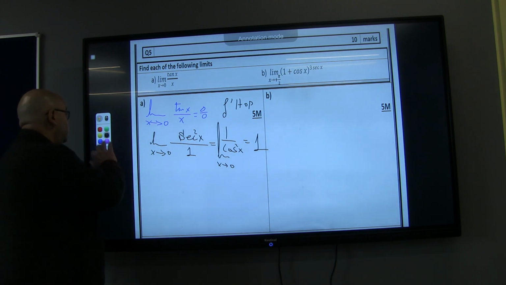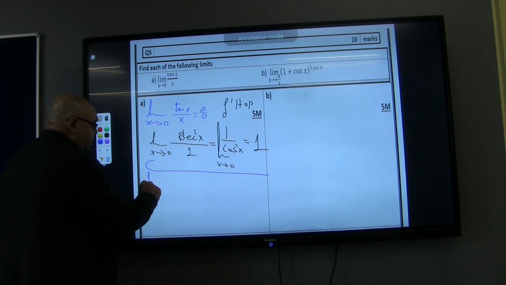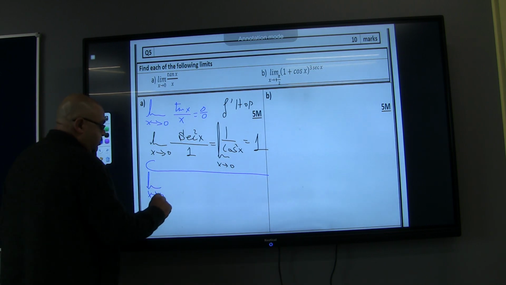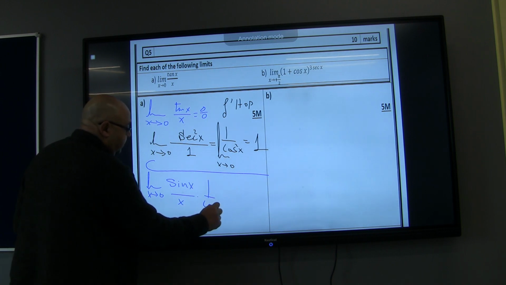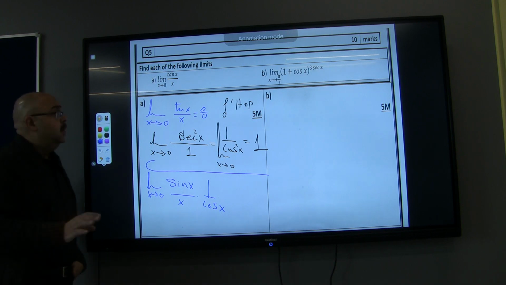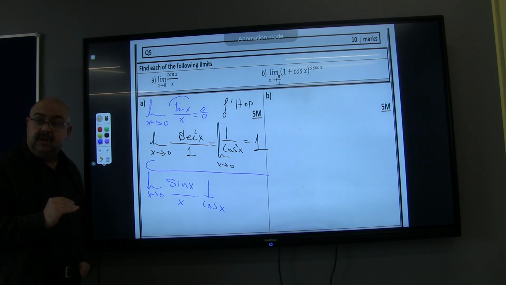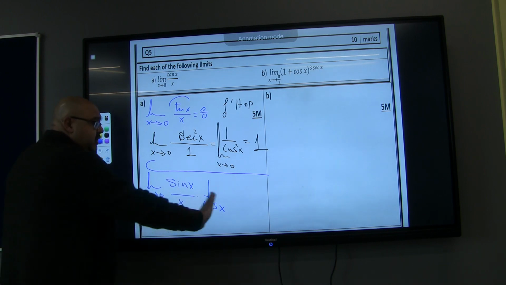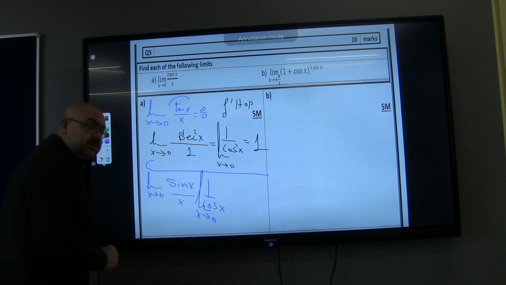But also, you can solve it in another way. I can simply state that the limit as x tends to 0 is going to equal sine of x divided by x times 1 over cosine x, which is very, very simple. All I had to do is just break tan x to be sine x over cosine x, getting sine x over x and moving just cosine x to the other side, taking the limit as x tends to 0.